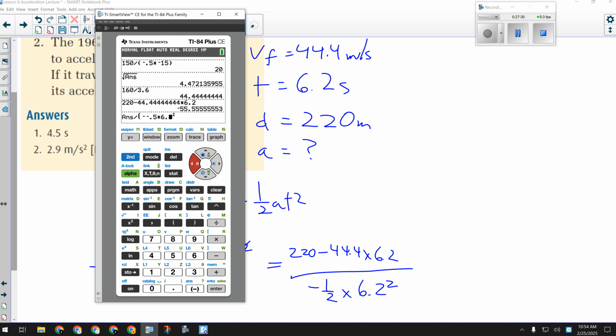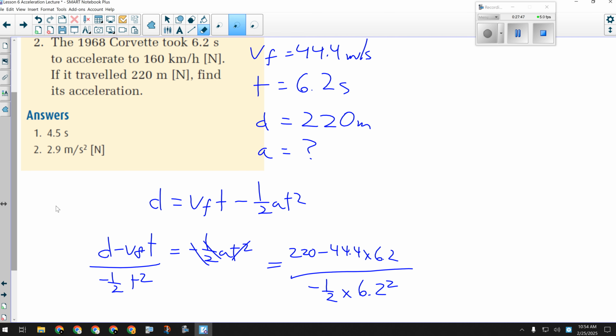Don't need two negatives there. So it looks to me like the acceleration to two significant digits is going to be 2.9 meters per second squared.